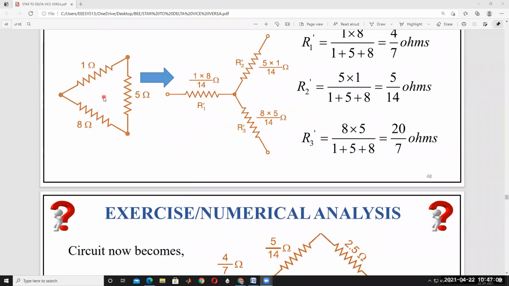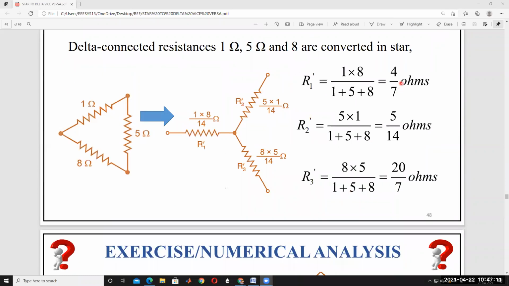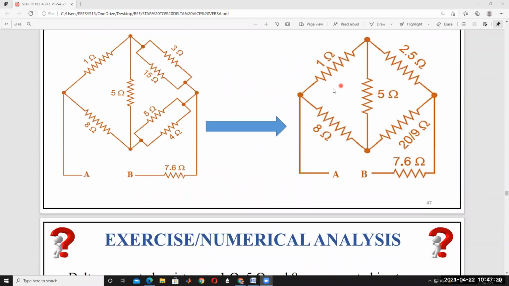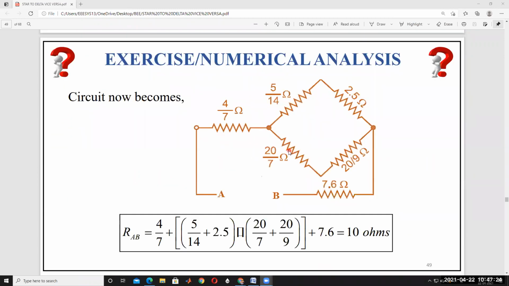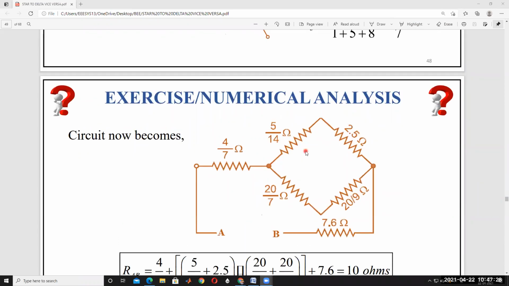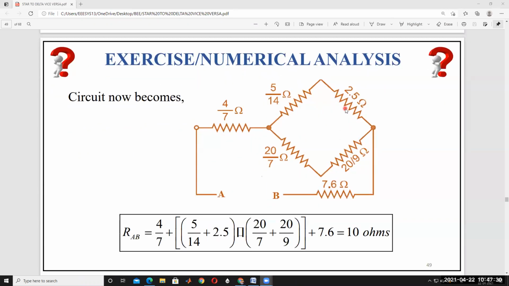While converting the delta to star network, we'll get the values like this: 4 by 7, 5 by 14, and 20 by 7. So this is the delta network here. Convert into star, and replace it here. These two resistors will become series, and these two resistors will become series.